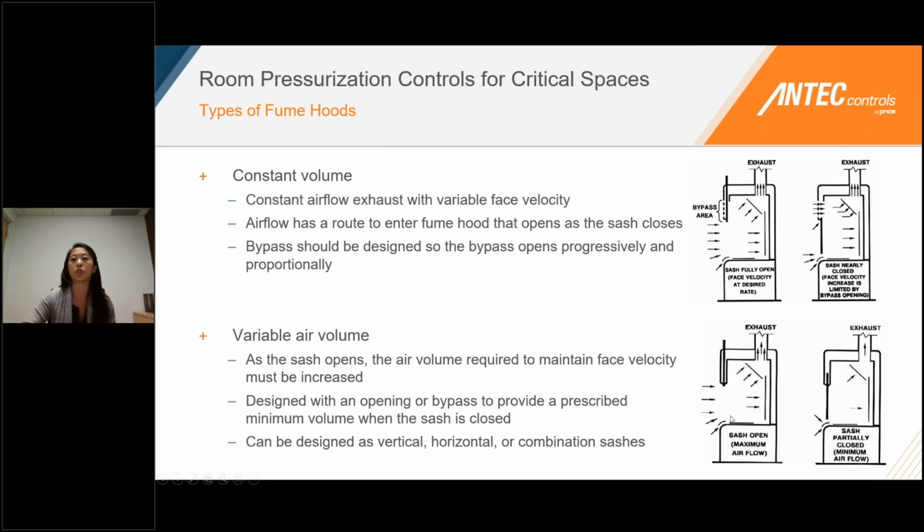So this is truly a variable air volume solution where we have an airflow valve serving this fume hood that's going to change its airflow target depending on the open area of the sash in order to maintain face velocity. So again, these types of variable air volume hoods can have vertical, horizontal, or combination sashes.